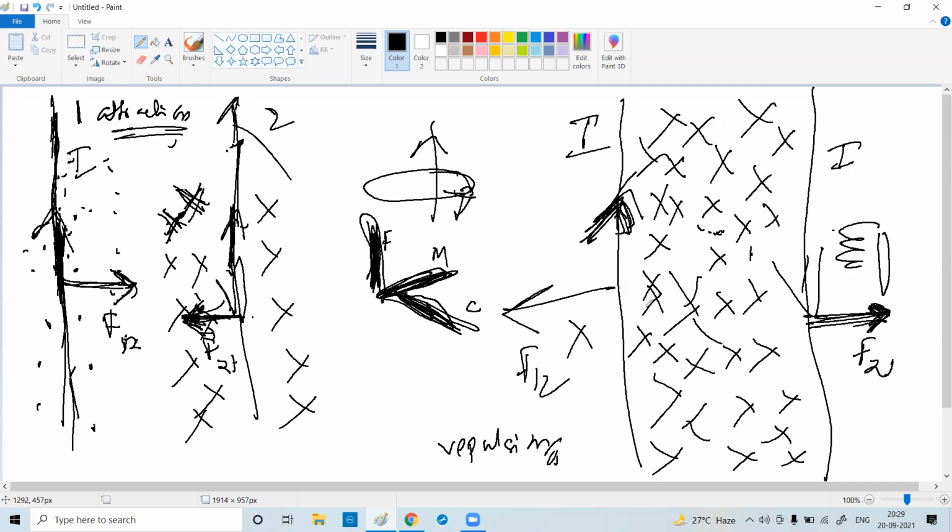Here it is opposite. Put your palm upward, middle finger upward for the current. The forefinger will point towards inside, and the force will be outward. Are you getting it? Tell me, guys.